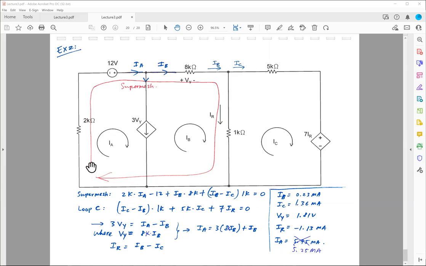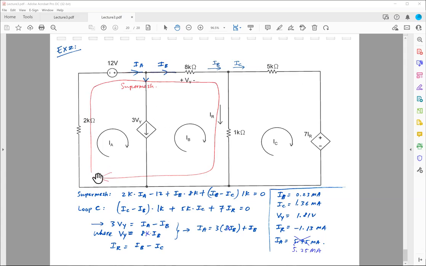And notice that I'm bypassing this current source, because I don't have an easy way to define the voltage across it. This 3 times Vy is not a voltage. It indicates the current associated with this dependent current source.